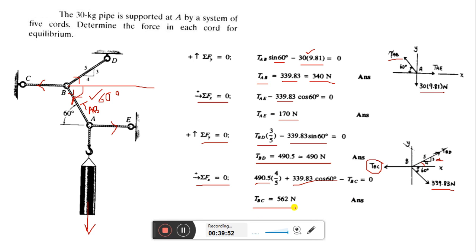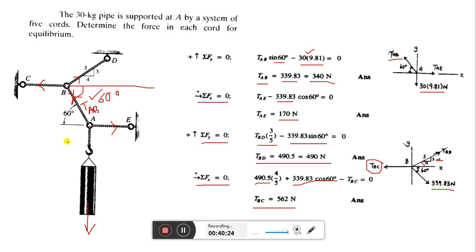Okay. So I think once you visualize which type of problem this is, then you find out from which point you need to start, from which point you can solve. So for solving this kind of concurrent problems, if you have three forces, one known force is required.